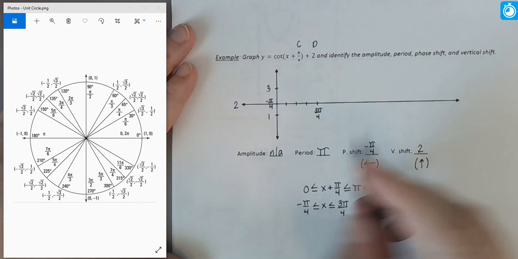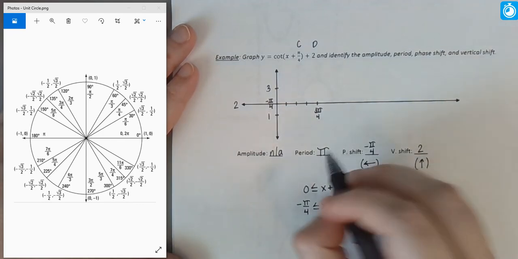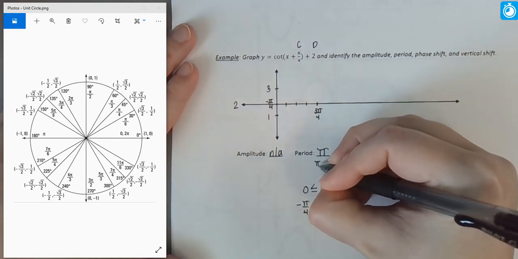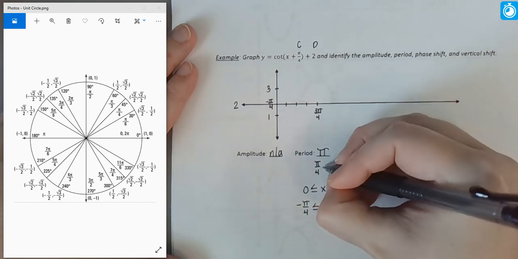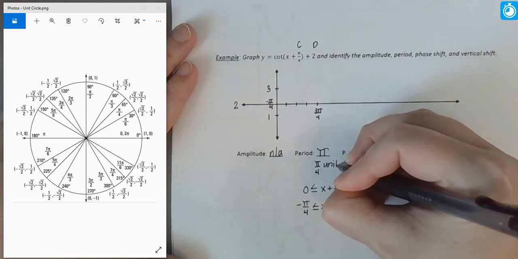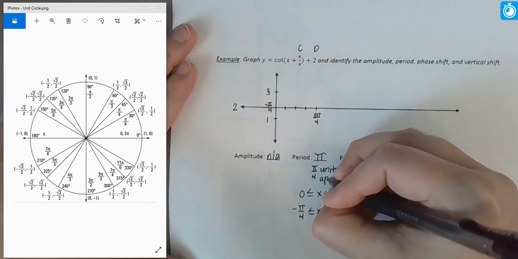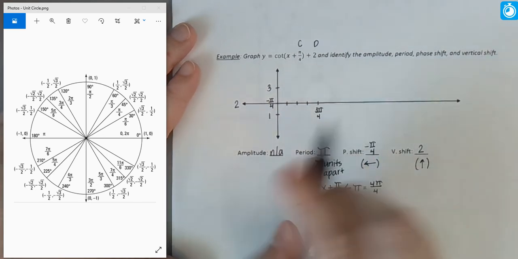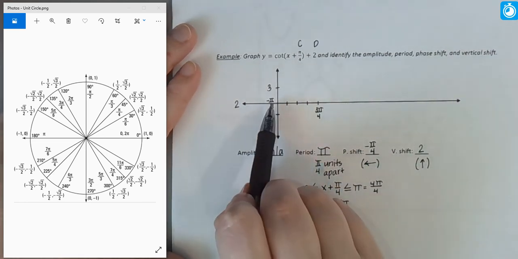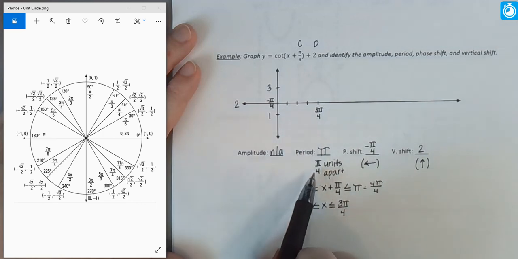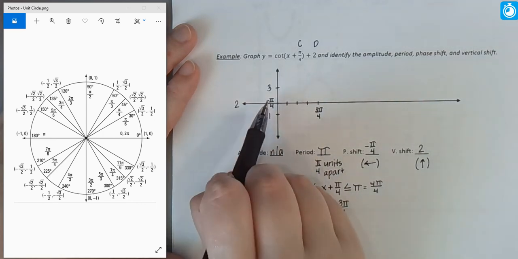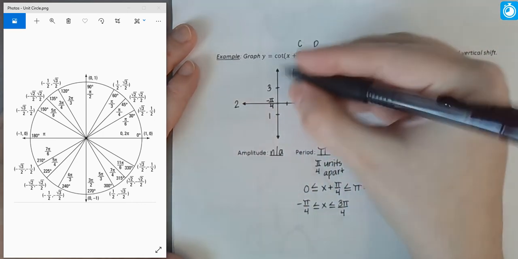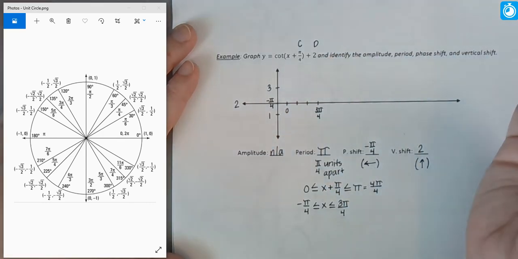Okay, now our period is pi, and we're dividing that into 4 parts in order to graph those increments. So it's going to be pi over 4 units apart to get from one mark to the next. Because we already have units that have a denominator of 4, we can just count. So negative pi over 4, add on pi over 4 takes us to 0.